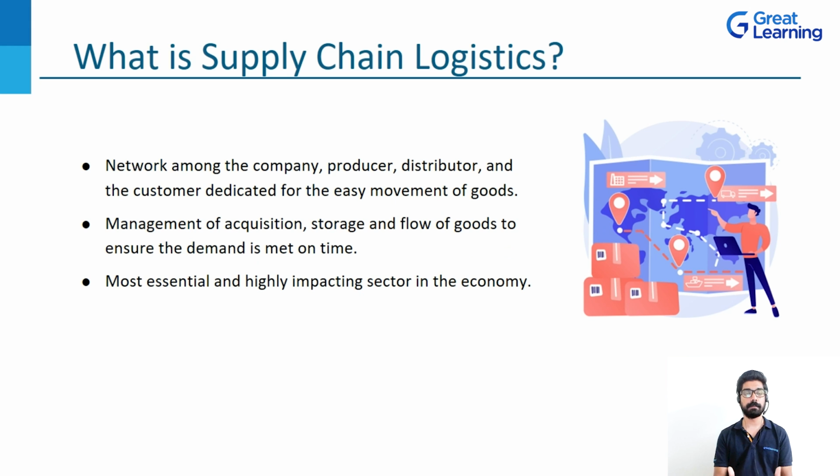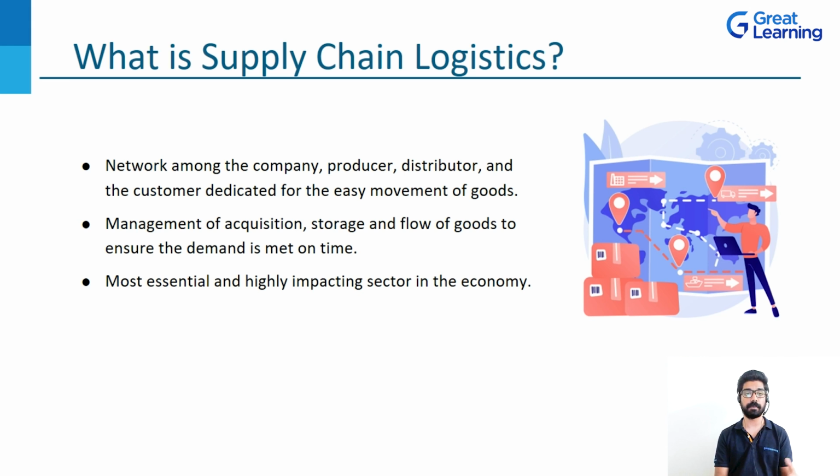Coming to a better understanding of supply chain logistics, it is a network among the company, producer, distributor, and the customer, dedicated to the easy movement of goods. As I said before, it is a network completely dedicated to the easy movement of goods. How can goods be moved from one location to another on demand?